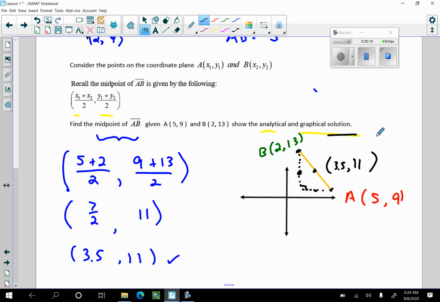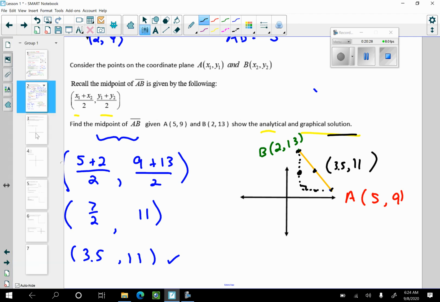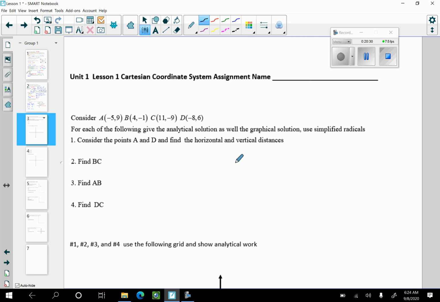Okay, there is a nice activity that we may make another video out of. I'm going to ask you to try the activity on your own. When you do the activity, just make sure that you see the graphical solution. This is the assignment.